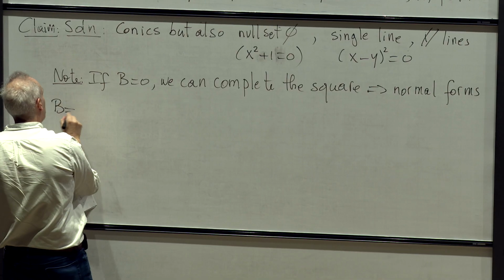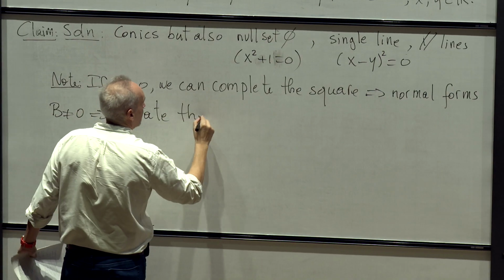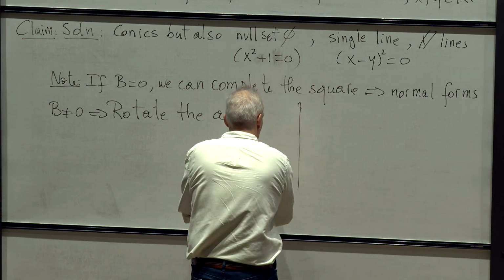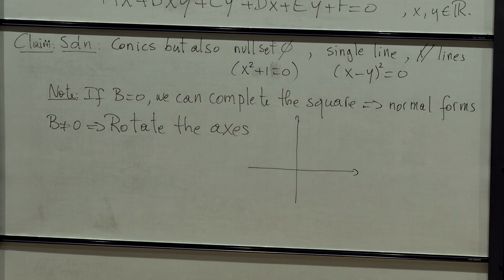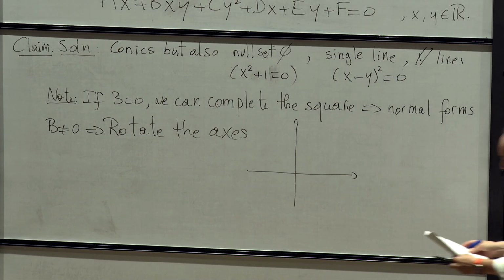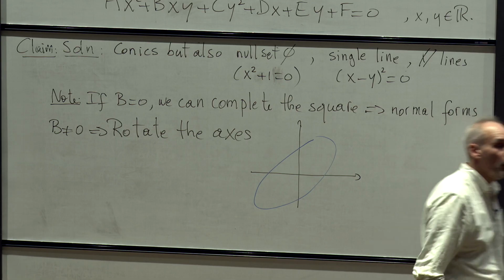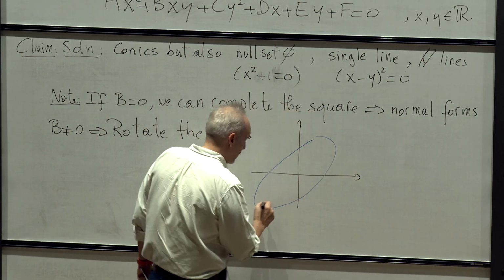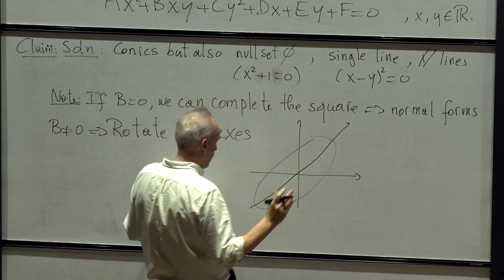So for b different from 0, the idea is to rotate the axes. Let's draw an ellipse. This is very important because it's exactly what we're going to do in greater generality starting next week when we talk about isometries and orthogonal matrices. Okay, this is the worst ellipse I ever drew.